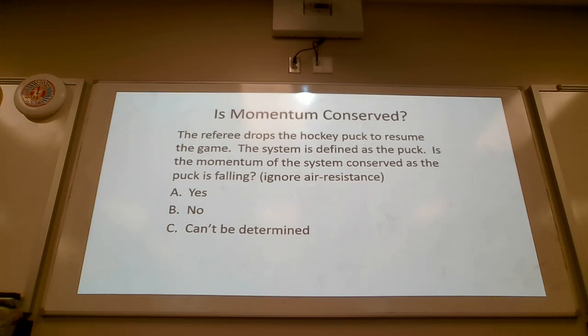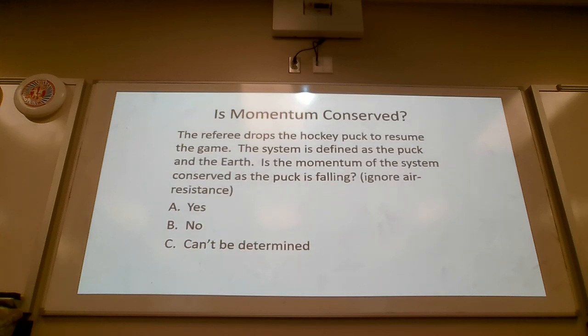No. Is mechanical energy conserved? Yes. But momentum is not. So I just wanted to highlight the difference here. But let's say we included the Earth as part of the system now.